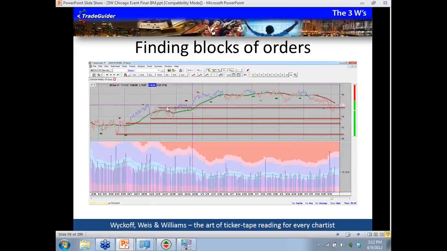You're wondering, well, where's the volume? Why'd you put it up there? You see what's going on? Let me draw it out for you. See what's going on right here? See how it's above that level?